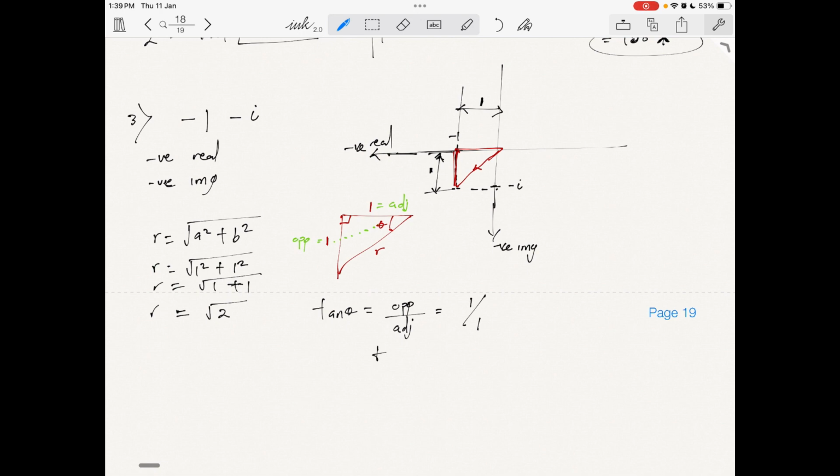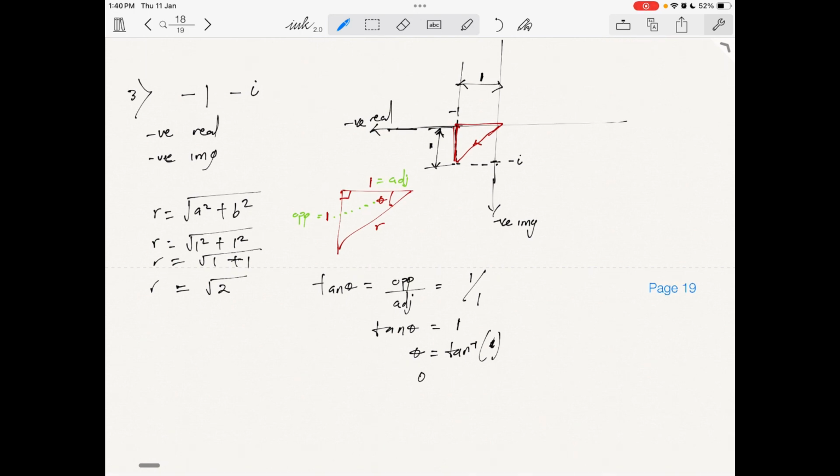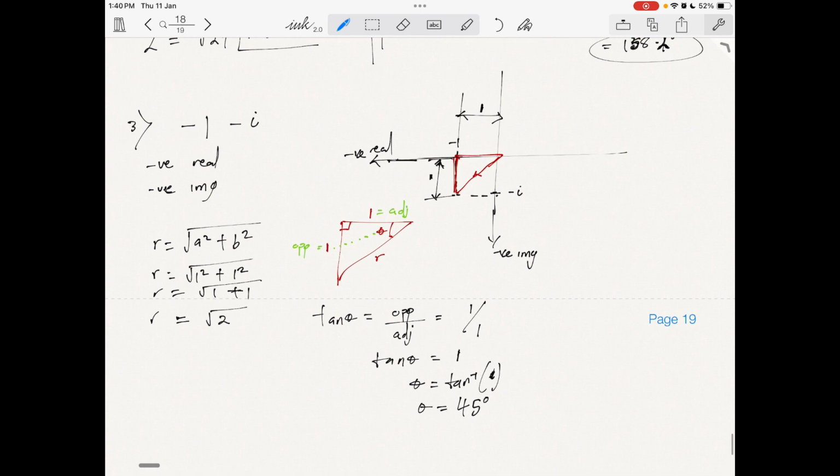So our tan theta is 1, and our theta will be arctan 1. Arctan 1 is 45 degrees.